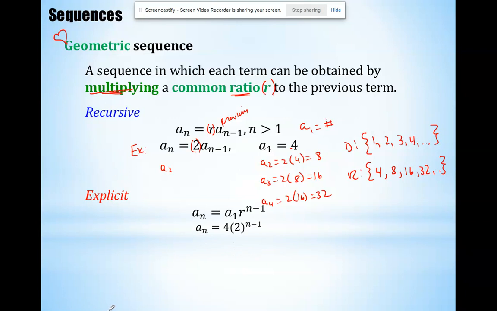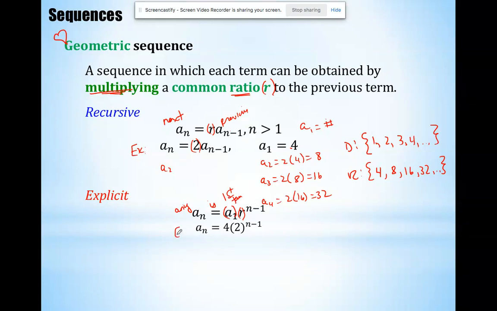The explicit rule is, any term is the first term times your common ratio raised to the n minus 1, right?